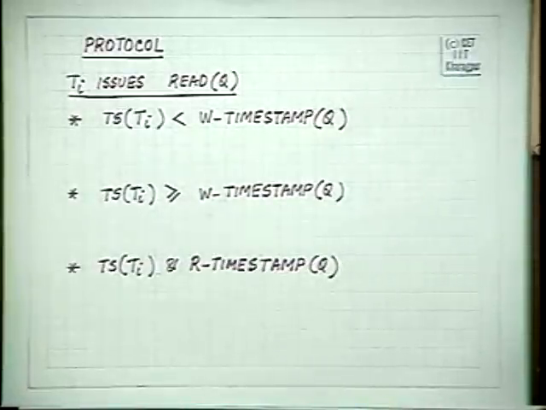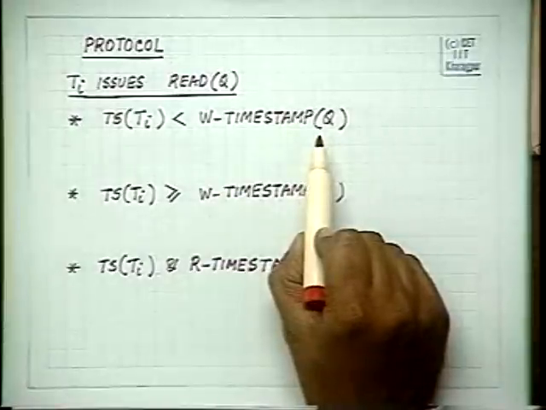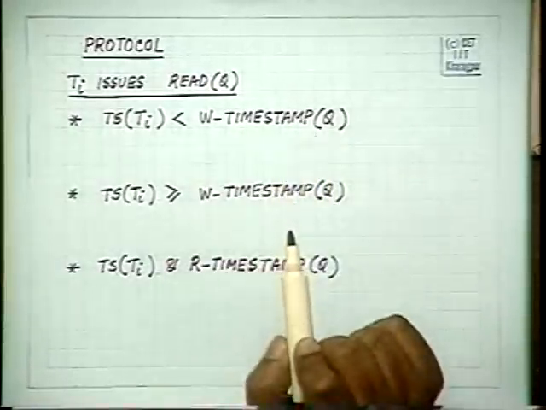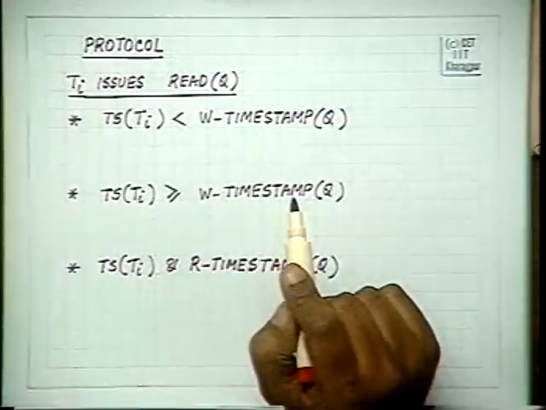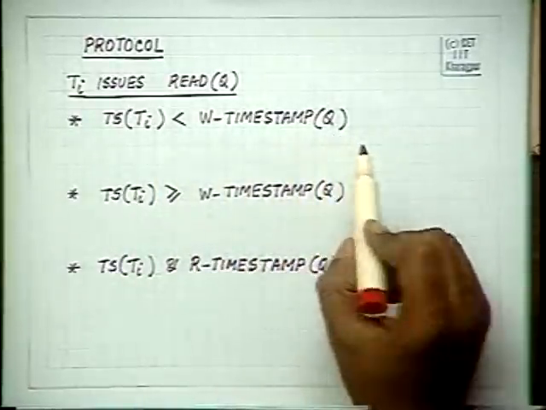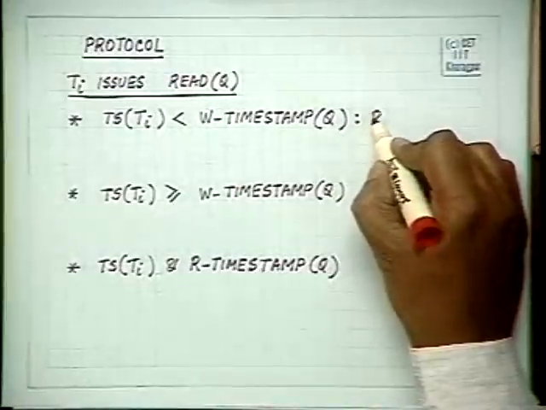So, if it is not going to be equivalent to the serial schedule at this point of time, the concurrency control protocol or the concurrency control mechanism will detect this by this condition, and it will reject the read.